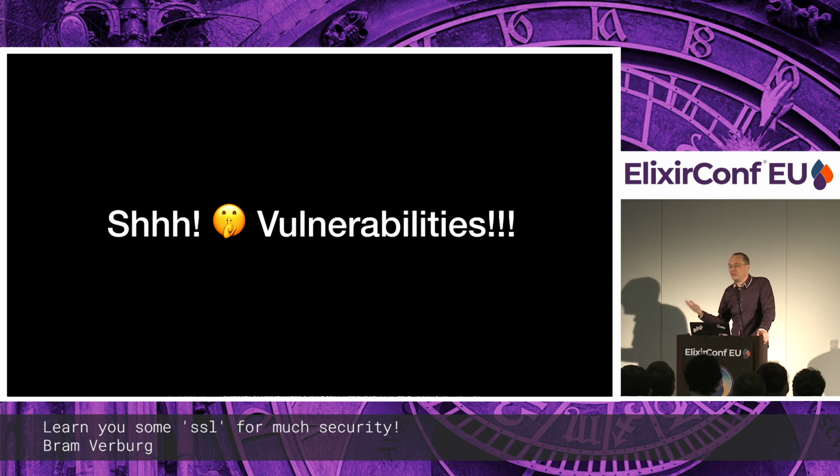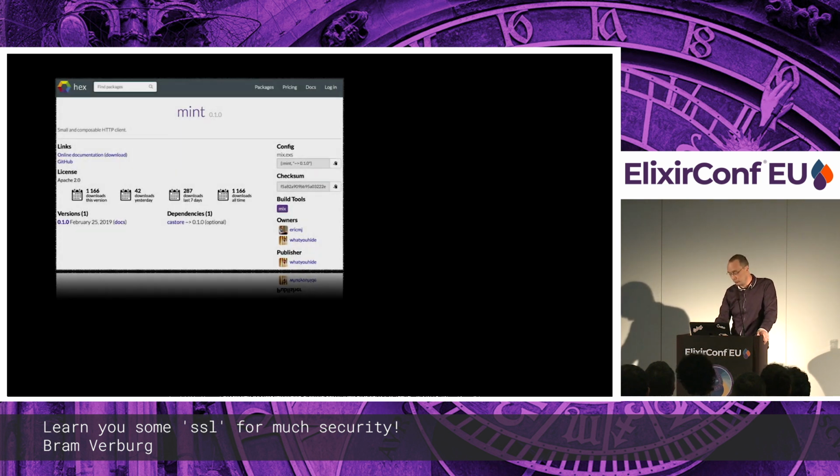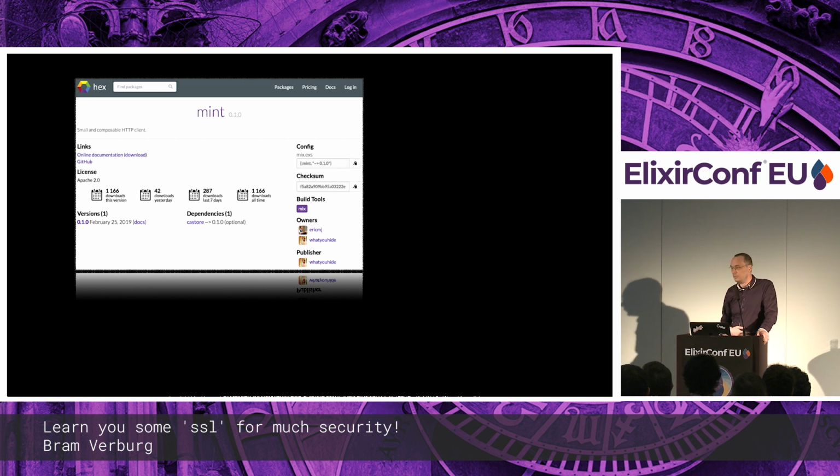So having said all that, when people ask me which packages to use, I will definitely steer them in the direction of packages that do the right thing out of the box. So I just want to give a shout out to two packages that do the right thing. Mint is one of them. It's the new HTTP client, toolkit. It's not really a full-fledged HTTP client, but a toolkit for building one, by Eric and Andrea.